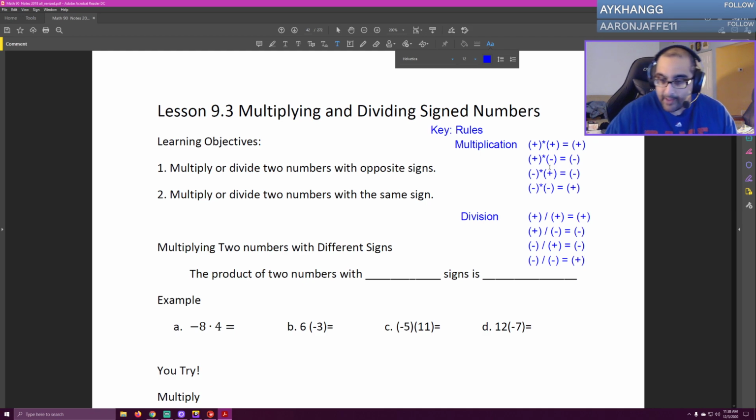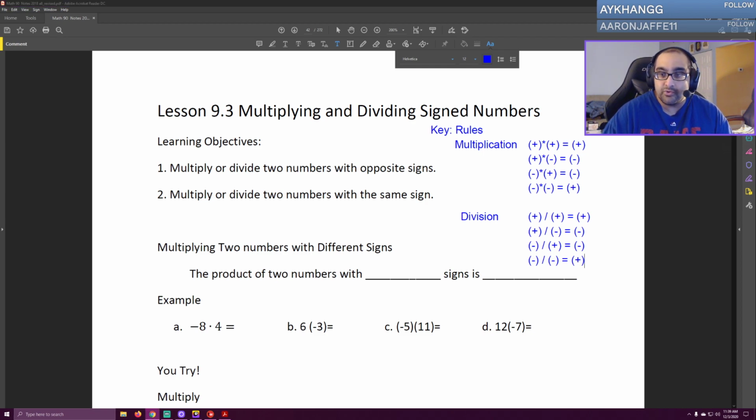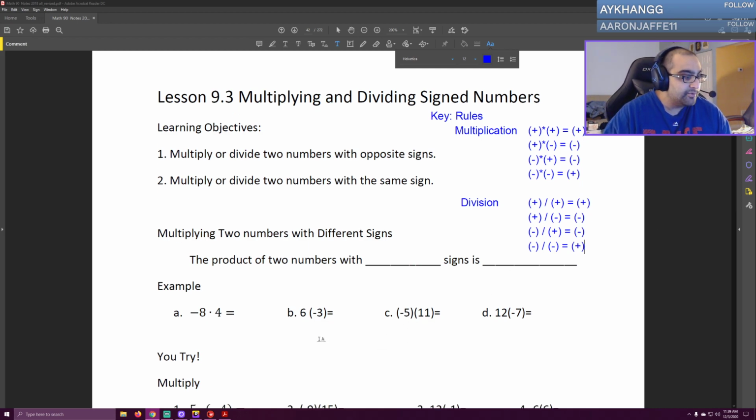All we need to determine is what the sign of that product or division is going to be, and then we multiply or divide appropriately, and we end up with our final answer. That's pretty much it. Once you know the rules, you can automatically apply them to the problems you see here.